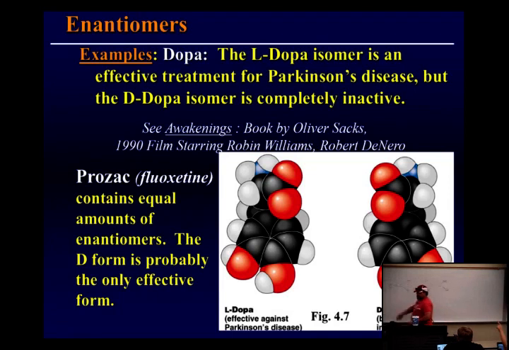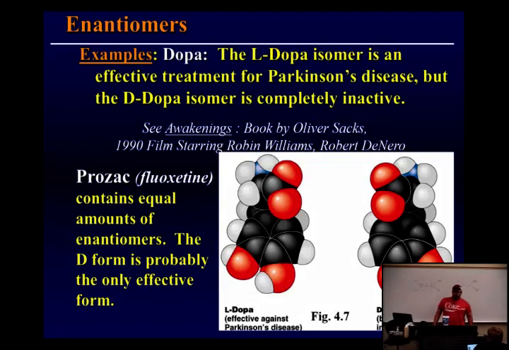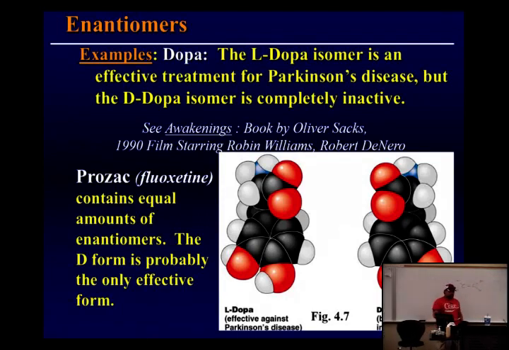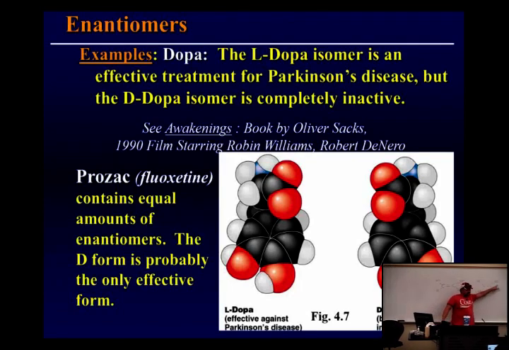What kind of isomers are those? That's right, they're geometric. What is that one called specifically? Cis. This is trans. Good.